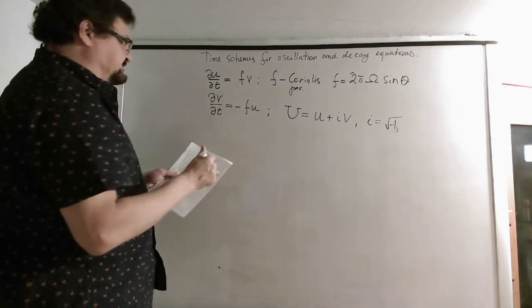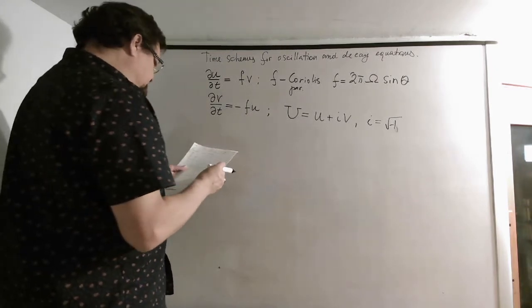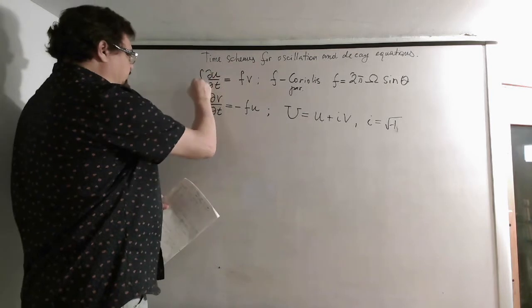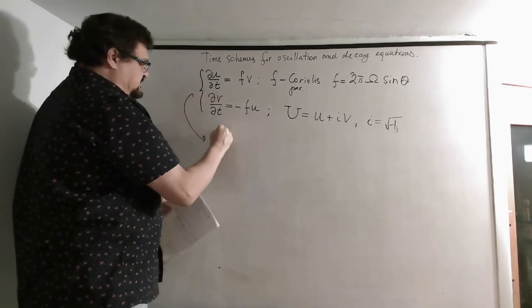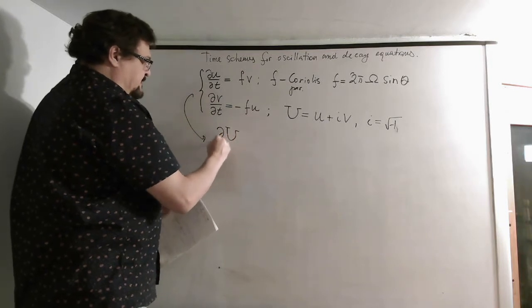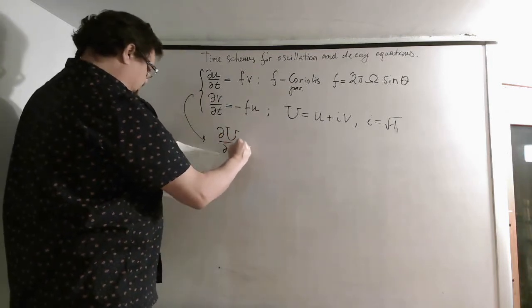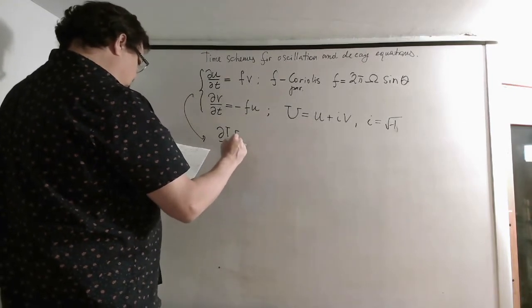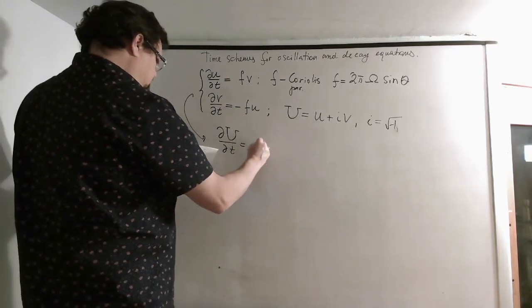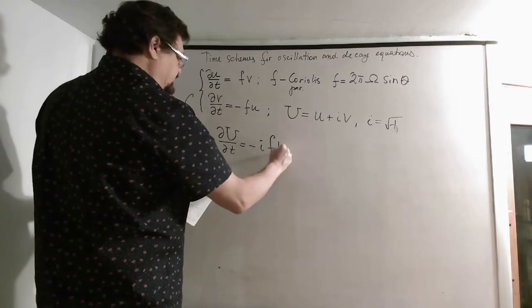If you do that, it's easy to show that these two equations degenerate into one equation, du/dt equals minus i f u.